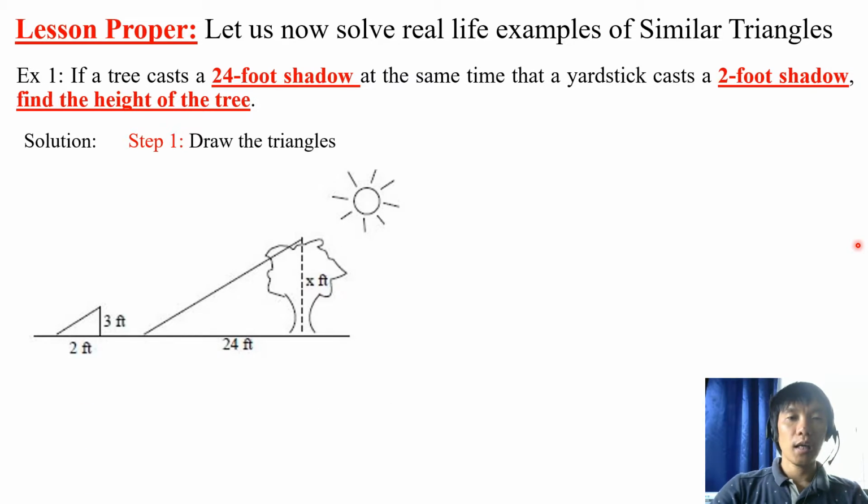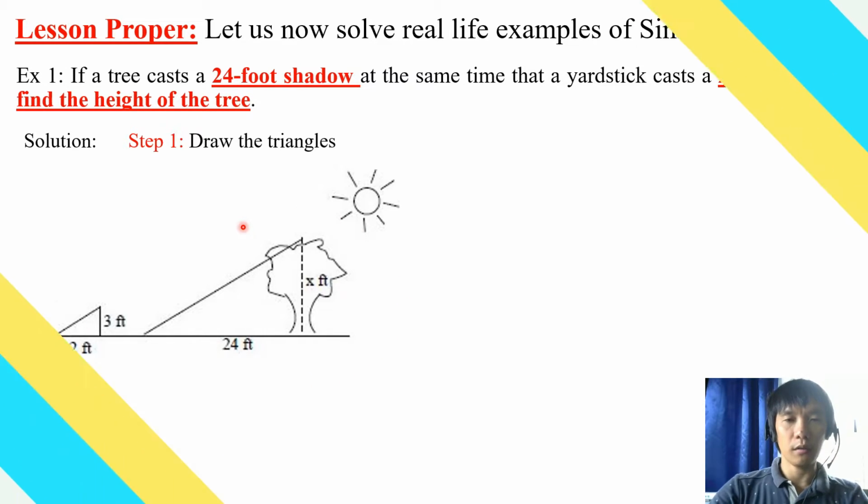Here is our illustration: this is our tree, this is our yardstick, and this is our sun. The tree has a shadow of 24 feet and the yardstick has a shadow of 2 feet. The yardstick is given at 3 feet, whereas the height of the tree is unknown. That is what we are going to solve.